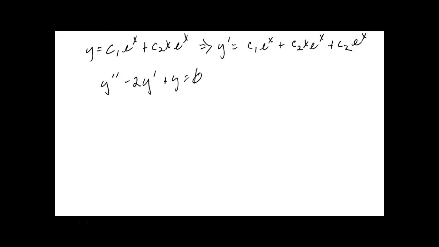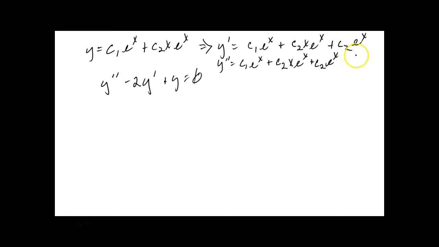Now we also need the second derivative, so y double prime would then be what? There's a part of me that wants to simplify that a little bit, but let's just do it. What is y double prime? C1 e to the x, okay? C2 x e to the x, plus C2 e to the x.